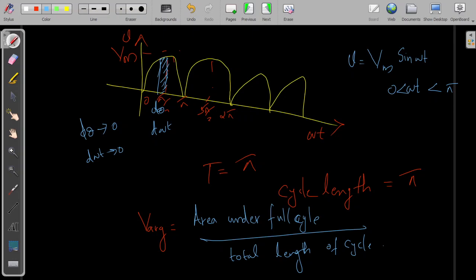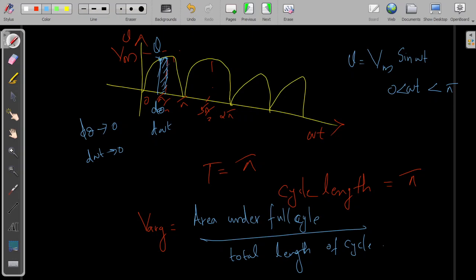I am considering the height as v, because when d theta tends to 0, this point and this point coincide and become a single point, which is v, equal to Vm sin omega t.